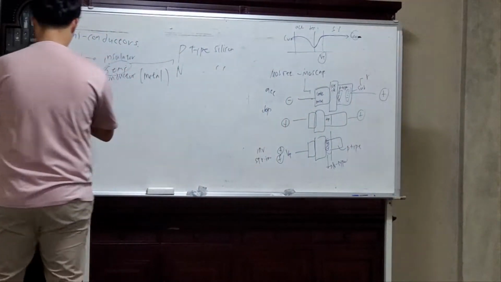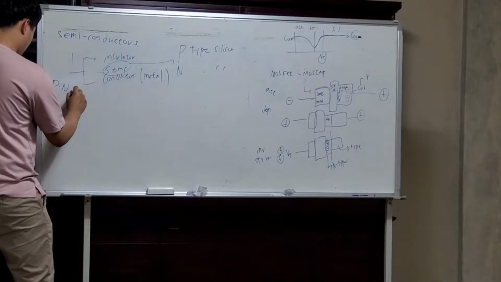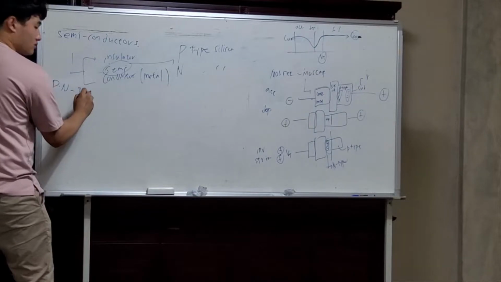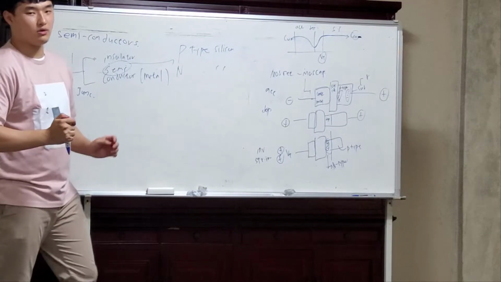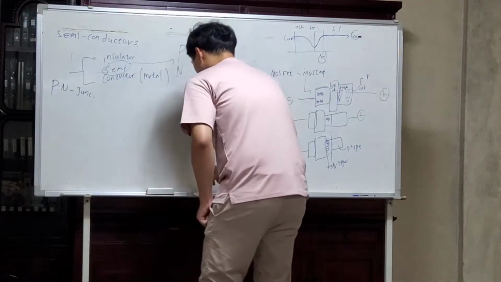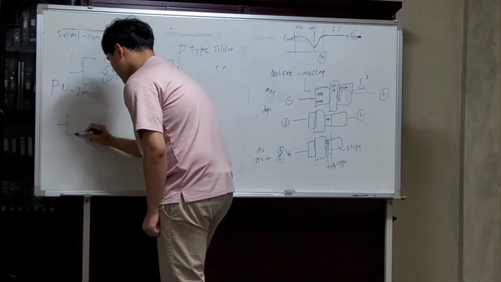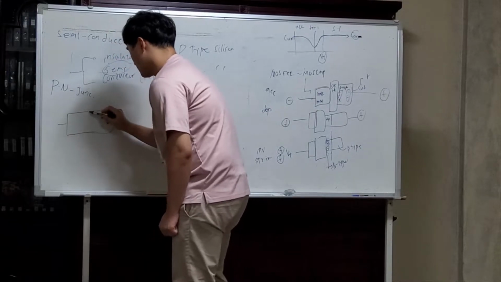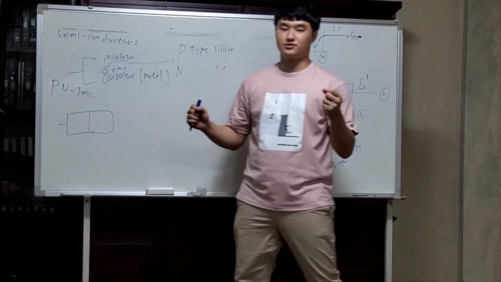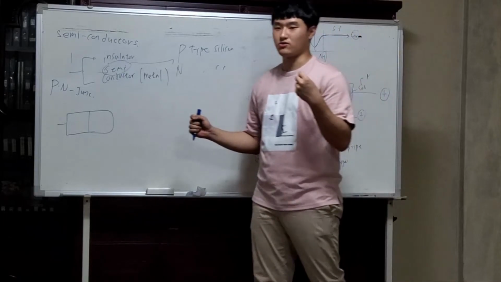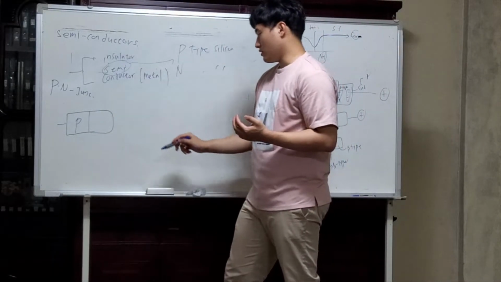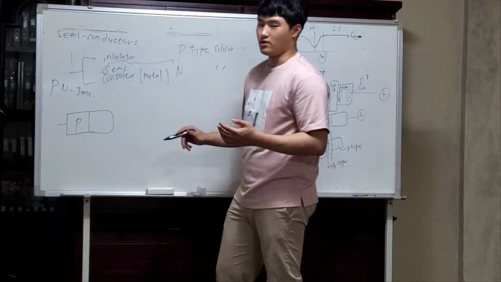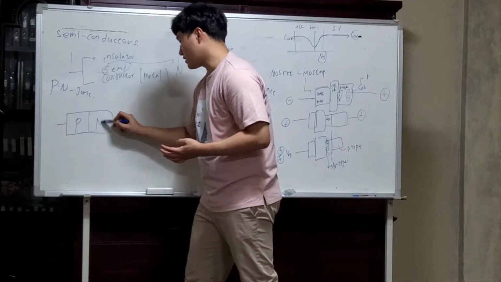And for the PN junction, I hope you know how it works. We have silicon that is P-type, and on the opposite side, N-type silicon.